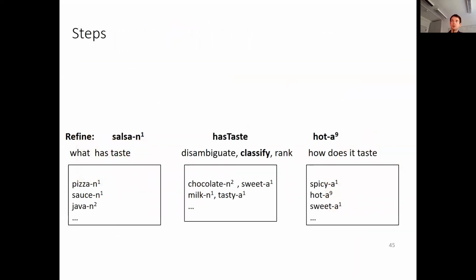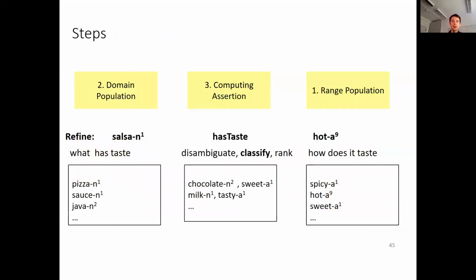And the steps to get there are first to populate the range of relations, second to populate the domains, and third to compute the actual assertions. So we start on the right-hand side of this slide. Given the has-taste relation, we want to know what are the possible values for that relation. So it's spicy, hot, sweet, and others.